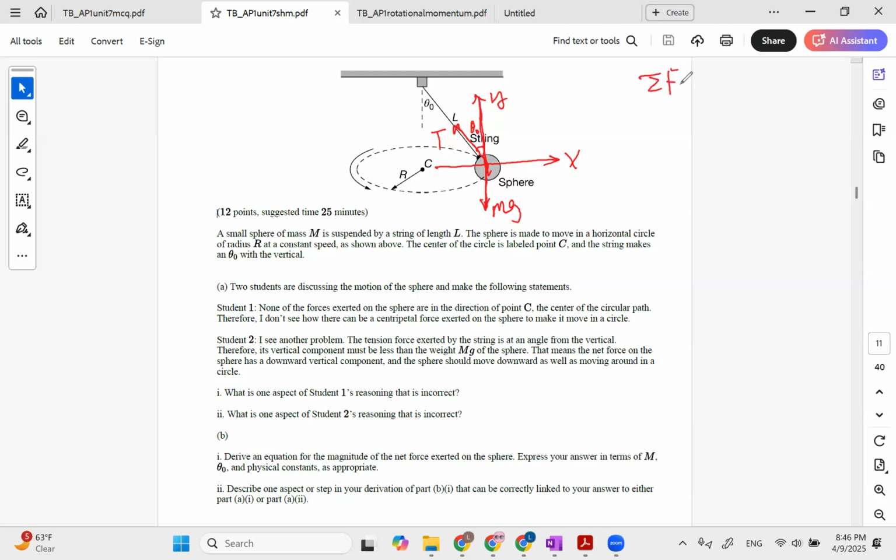So net force in y equals 0, so T cosine theta O equals mg. T sine theta O equals, what is given here? Fs, right? Basically, it's mv squared over r. But you are looking for net force. So what is the net force? That's the net force in x.